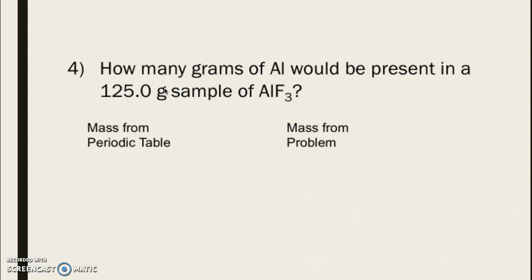So in other words, we have to turn this into a proportion problem, one in which we're comparing the amount of aluminum in aluminum fluoride with information that comes from the periodic table, and then one where we're including the mass of aluminum and the mass of the compound, which comes from the problem itself.